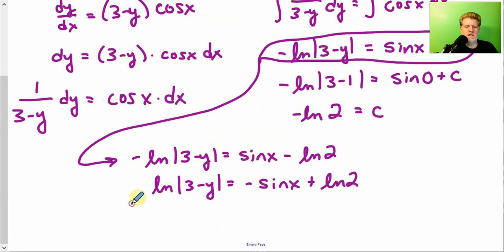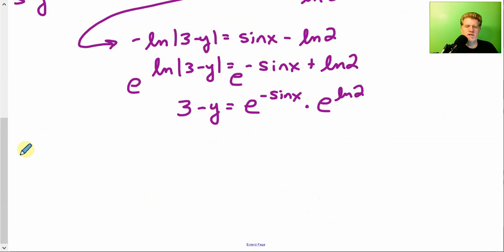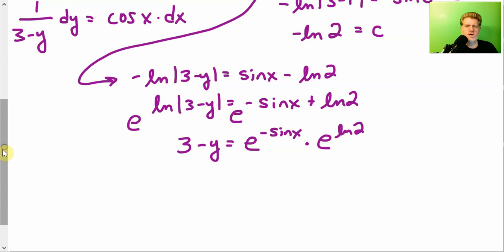And since the inverse is e, we'll do this to it. So we get 3 minus y equals e to the negative sine of x plus natural log of 2, which means e to the natural log of 2. These always are long problems when you separate and integrate. All right, e to the natural log of 2 is just going to be 2.